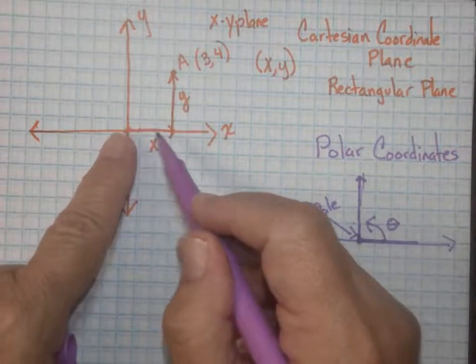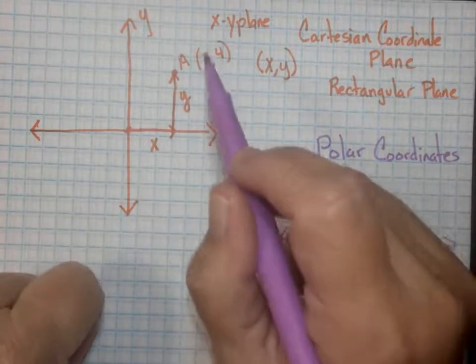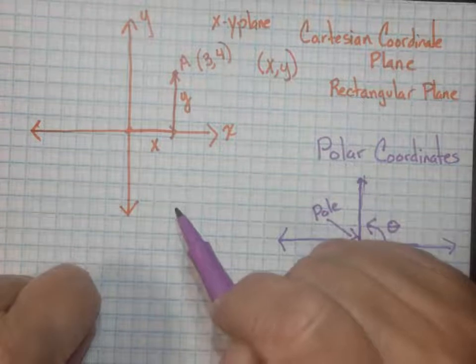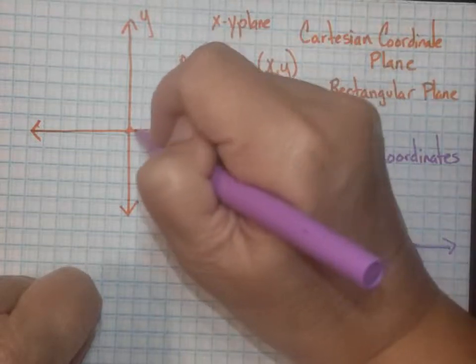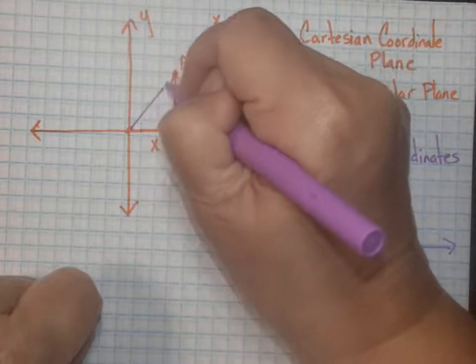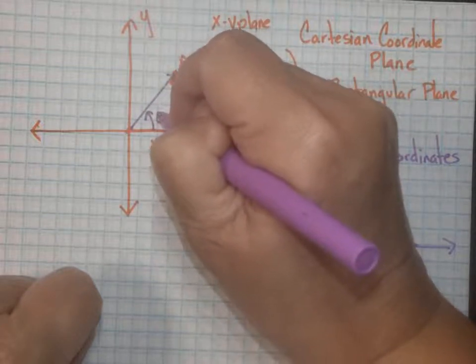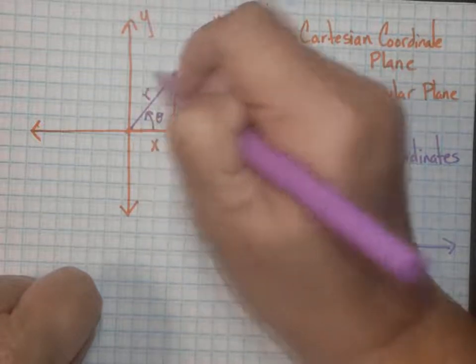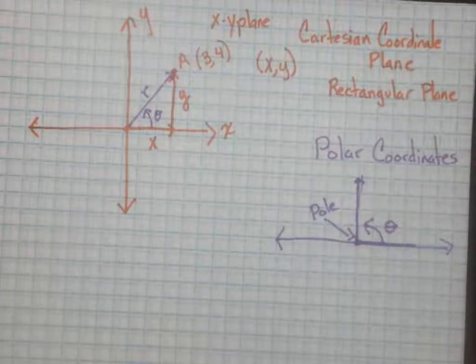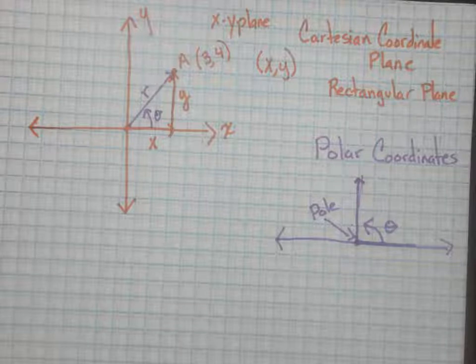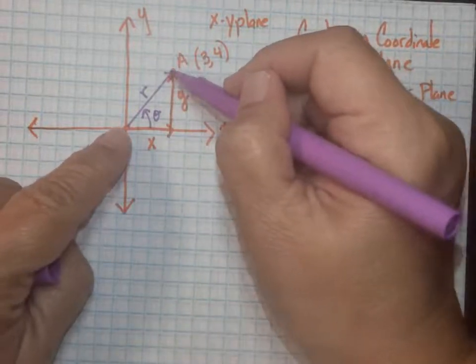I can go here, x, y, but I can also tell you how to get to point A using polar coordinates. And my polar coordinates are going to tell you what theta is and what r is. R is like the magnitude of that vector. It's this distance, it's this length.